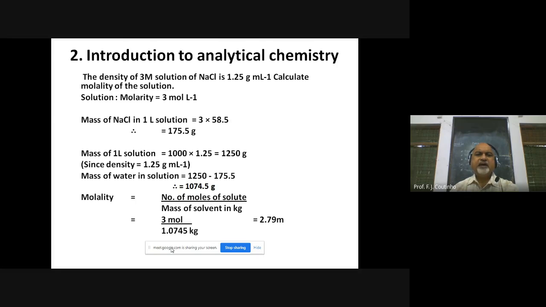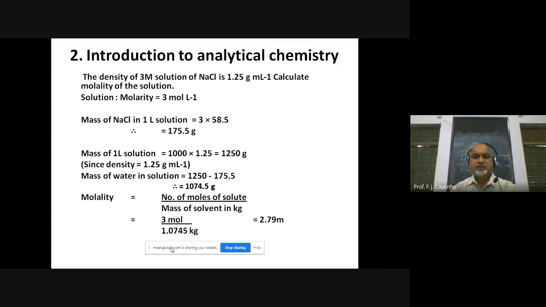Now the mass of the water in solution is 1250 minus 175.5 grams of NaCl. When I subtract this, I get 1074.5 grams, so the mass of water in the solution is 1074.5 grams.